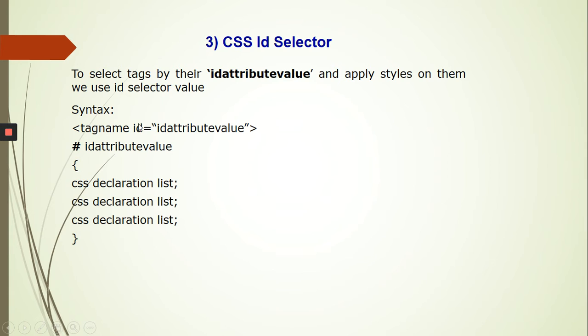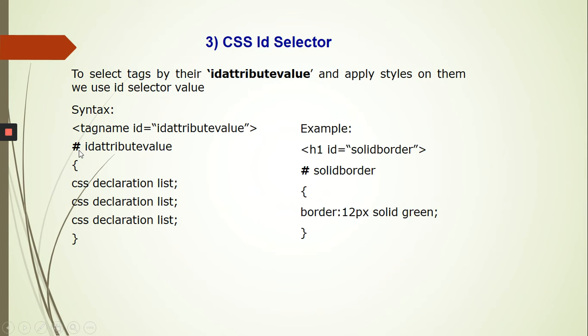The value can be anything, A, B, C, D, E, F, G, H or anything, but it should be unique. You cannot repeat the ID attribute value. It should be called for styling with a number sign followed by the value. Whatever is written here should be copied and pasted there.